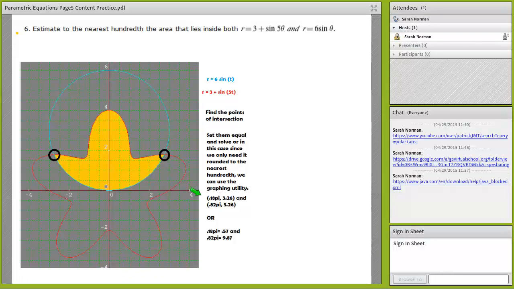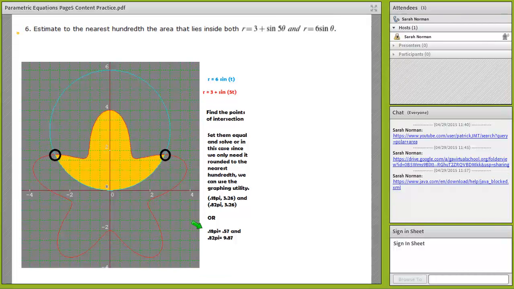And the r values of each of those are the same, of course, because we can see that these polar curves are symmetric about the axis. So we have 0.18 pi and 3.26. So I do know what these two values are for r.